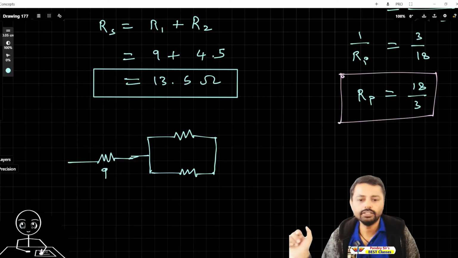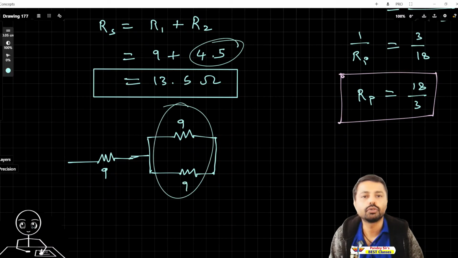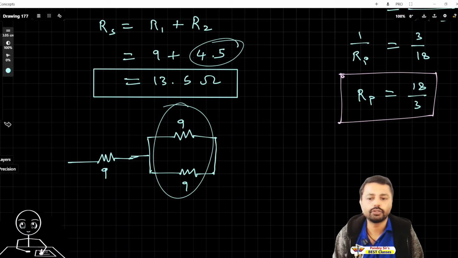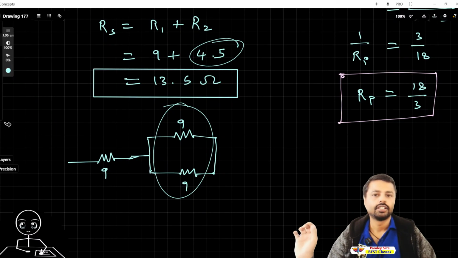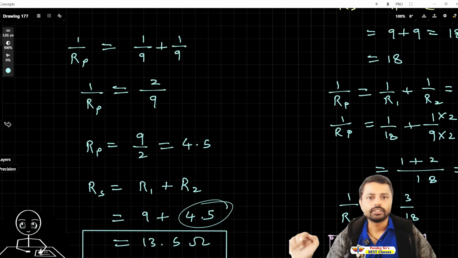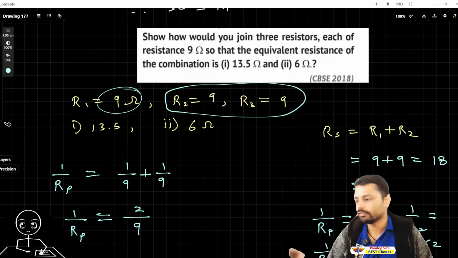Now this is 9, this is 9, this is 9. These two together formed this 4.5 ohm, and this one was added, and in total we got 13.5. Clear?